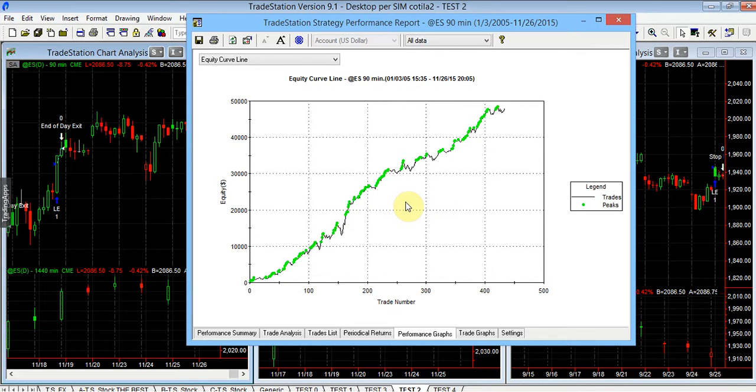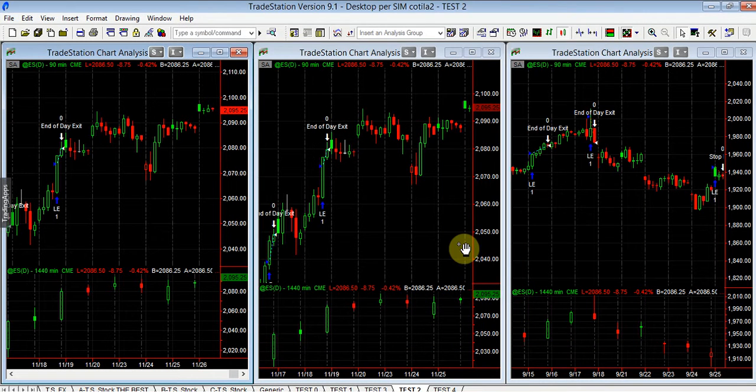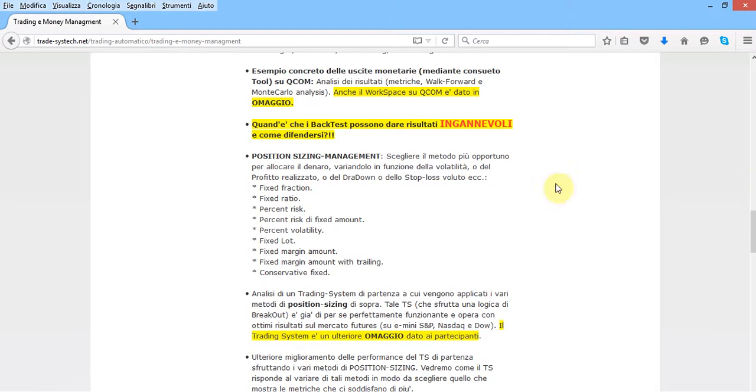According to the position size setting and the market conditions, you might decide to use two contracts, or three, or even four. Because the margin requirement is lower and the initial trading system is pretty okay, you might think about using more than one contract and a specific position sizing method.